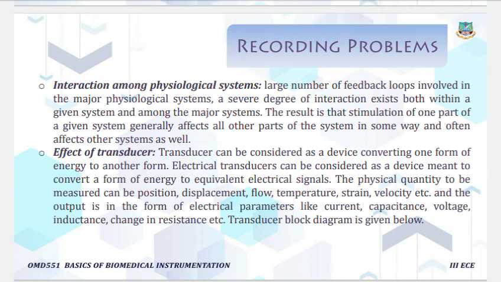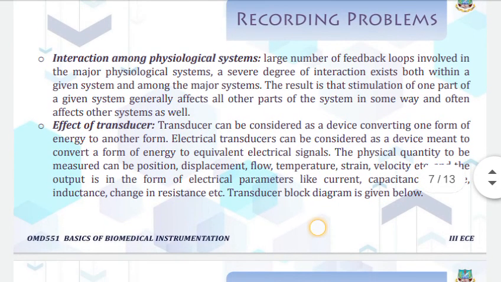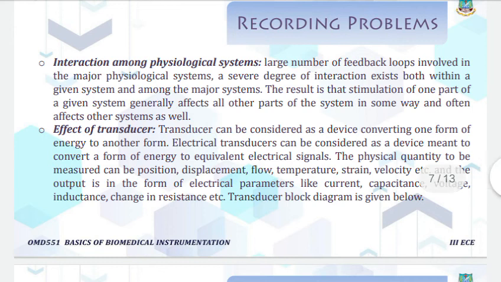A severe degree of interaction exists both within a given system and among the major systems. So if we are measuring one system and the body is already connected with some other system, it is just like using two equipments, where the noise from one equipment will affect the other. Similarly, interaction will also happen among physiological systems.